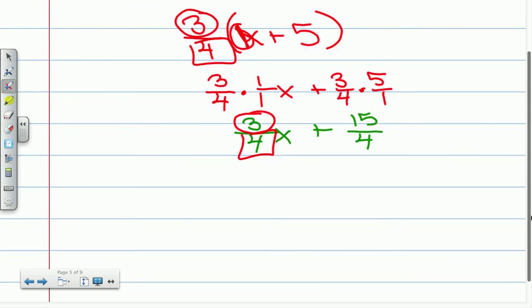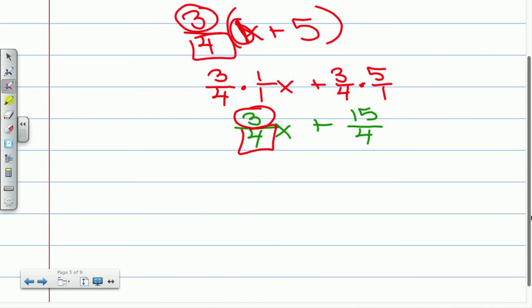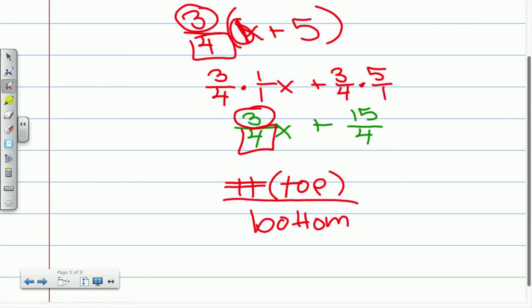You might want to do number times the top. And when I say number, I mean whatever number's inside the parentheses, all over the bottom. That's my way to say it. Any other ideas? Mariah?